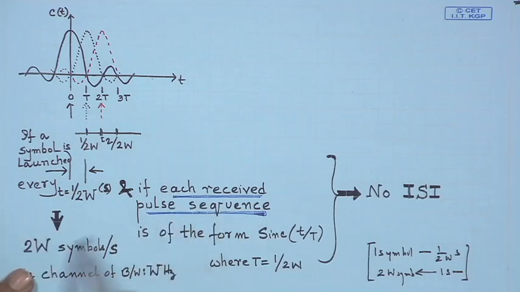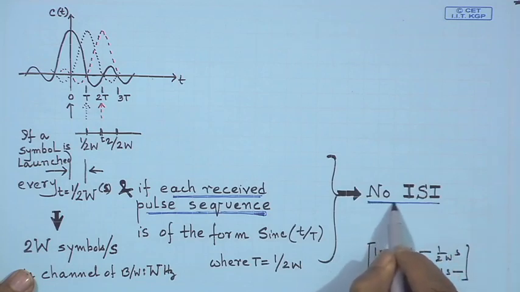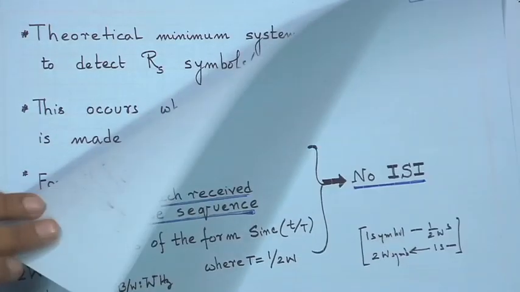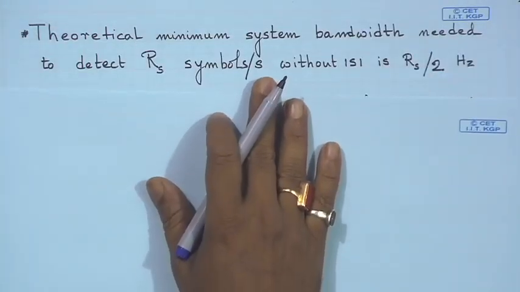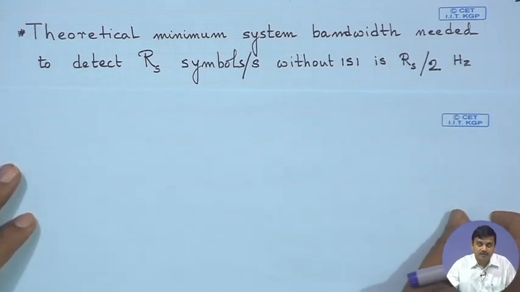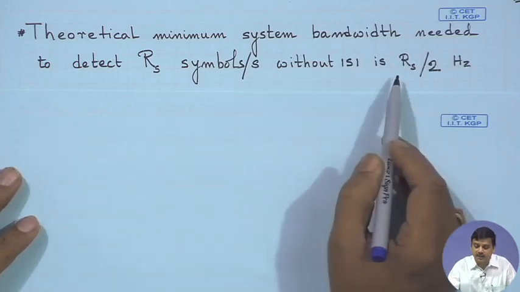So, when these two go together, we can say the maximum rate of signaling is 2W symbols per second, and there is no ISI or intersymbol interference encountered, which was one of the problems that we began with. Hence, the theoretical minimum system bandwidth needed to send Rs symbols per second without ISI is Rs by 2 hertz.